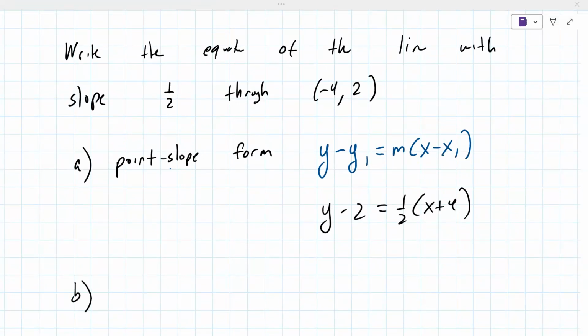So would that be like what I just did before this question? Yes, slope-intercept form, which is y equals mx plus b.